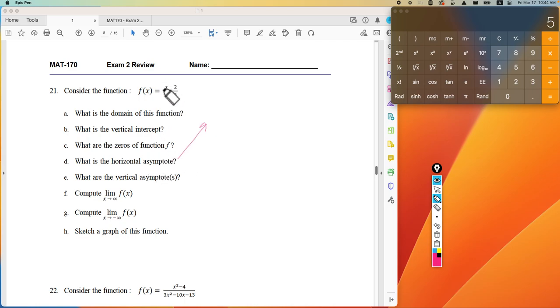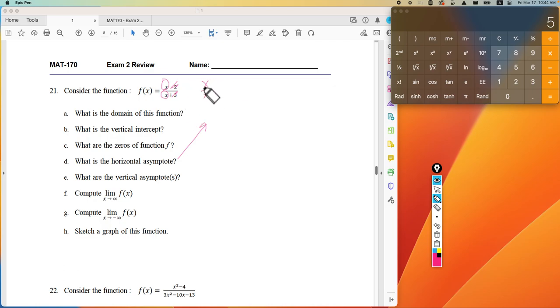Horizontal asymptote occurs, there's 3 possibilities. What we're going to review for the horizontal asymptote is just the largest degree in the numerator, which is just x, and the largest degree in the denominator, which is x. We get to ignore anything else, and so this is going to be like x over x in the long term.